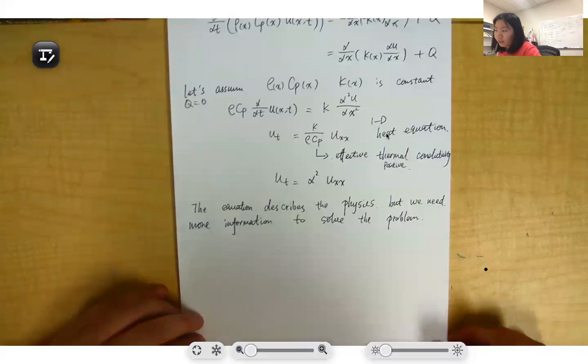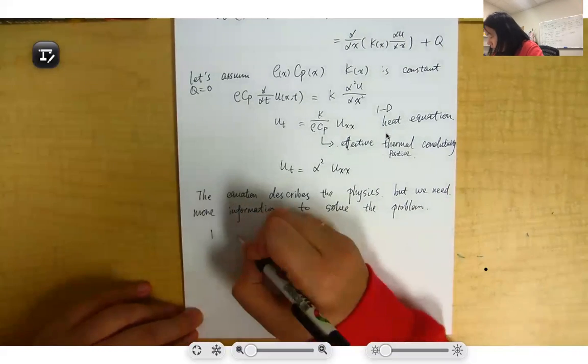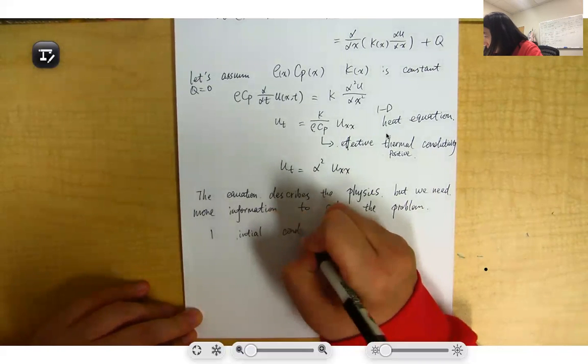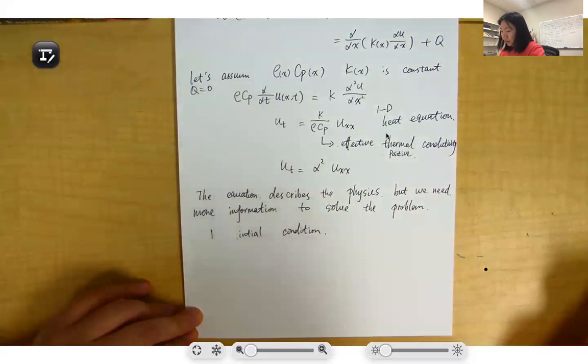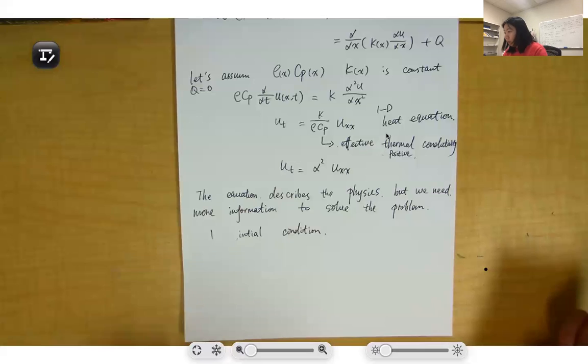What kind of information may we need? It can be some initial conditions. What kind of initial conditions are usually given for this kind of heat transfer problem?